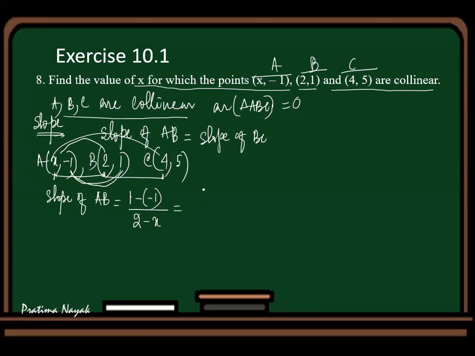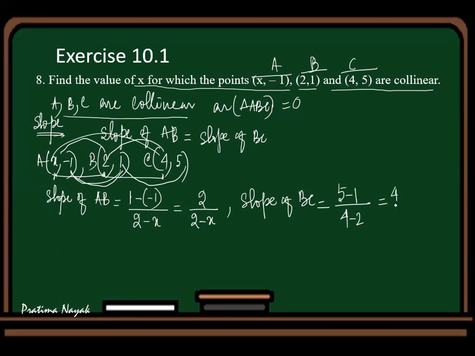This will be 2 by 2 minus x. Then I'll go for slope of BC. Slope of BC means I'll subtract y of C minus y of B. So 5 minus 1, then 4 minus 2. It will be how much? It will be 4 by 2, that will be 2.